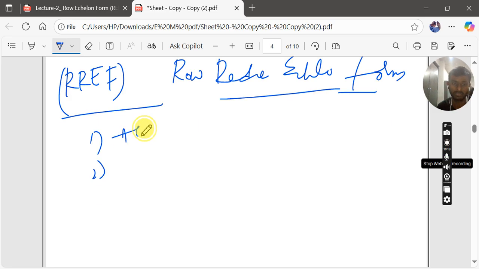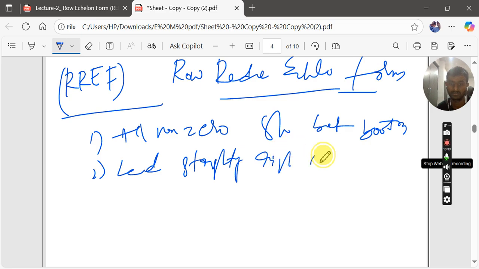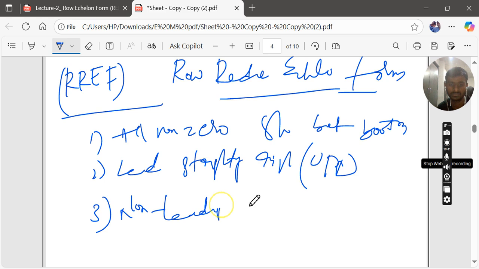So all zero rows should be at the bottom and the leading coefficient should follow the strictly right, upper triangular property. And the third one is that the leading coefficient should always start with 1.